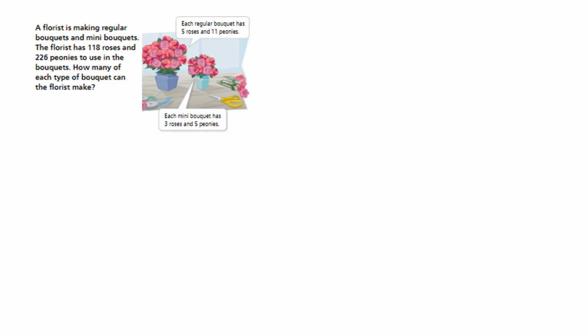So we could use x and y. We could let x be the number of roses and y be the number of peonies. But there's really no reason to use x and y unless you're graphing. So we could let r equal the number of roses.